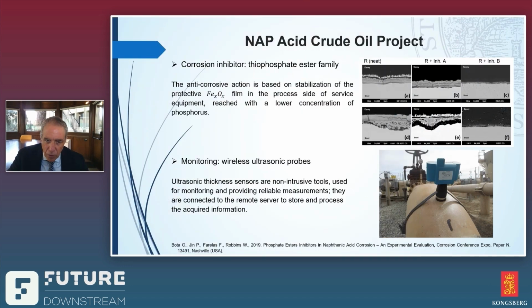The choice of the corrosion inhibitor was to go to a thiophosphate ester family, and there is the stabilization of an iron oxide film that prevents the corrosion from attacking the metal.